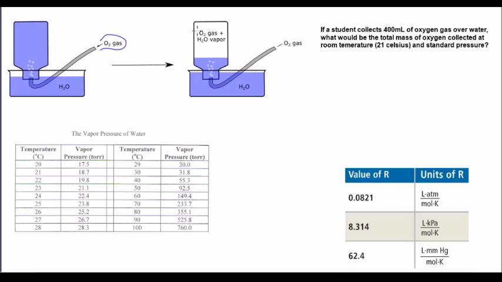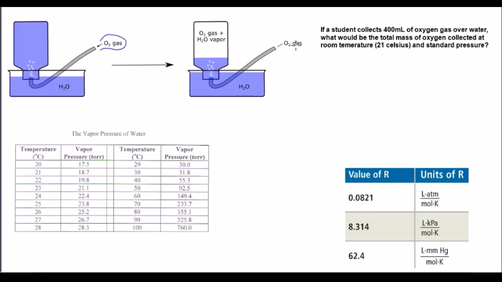So inside of your container, you would not only have oxygen gas, you would also have water vapor. So we have to figure out how to separate those two and pull just the oxygen gas out so you can do the calculations on that. And it's fairly straightforward. That's where partial pressures come in.